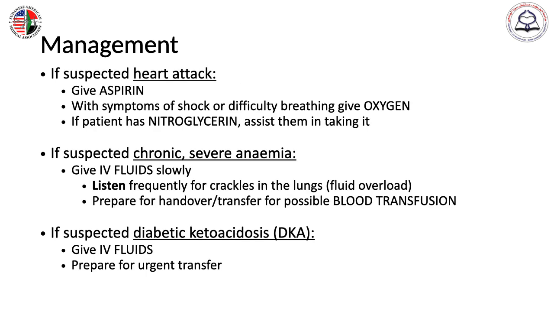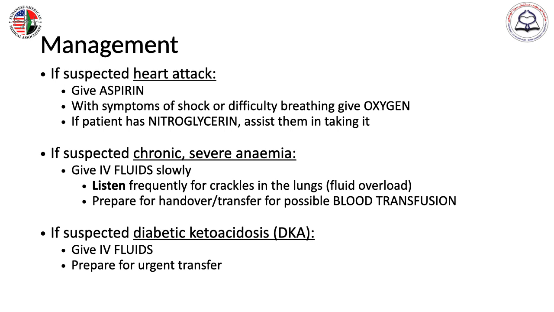Those with suspected heart attack and tachypnea, if the tachypnea is due to pulmonary edema, you're going to give oxygen and use Lasix to reduce the pulmonary edema. At the same time, you want to manage the heart attack by giving aspirin, nitroglycerin, and other appropriate medication. Those with anemia, if anemia is leading to pulmonary edema, you give Lasix and arrange for transfusion.